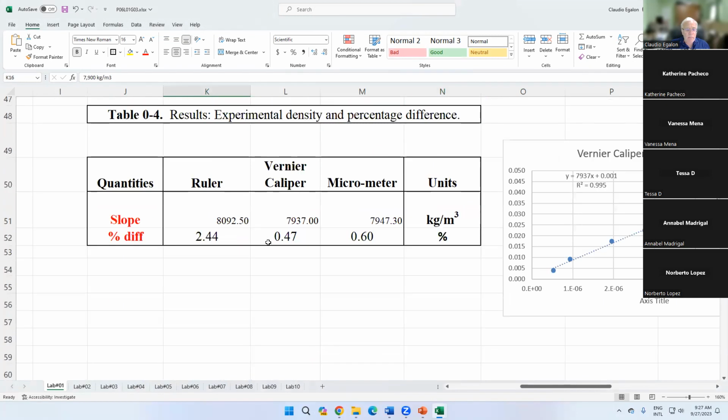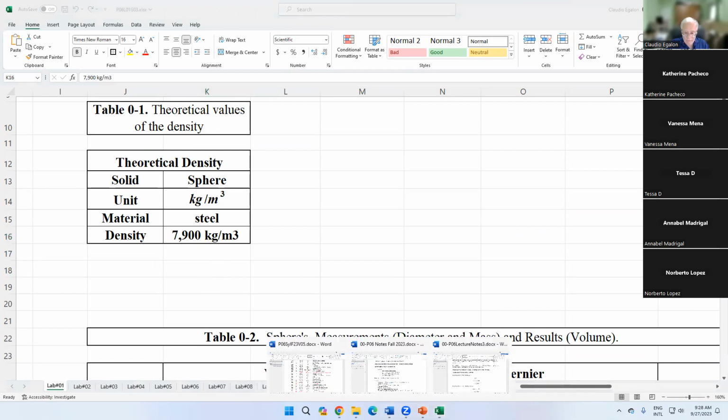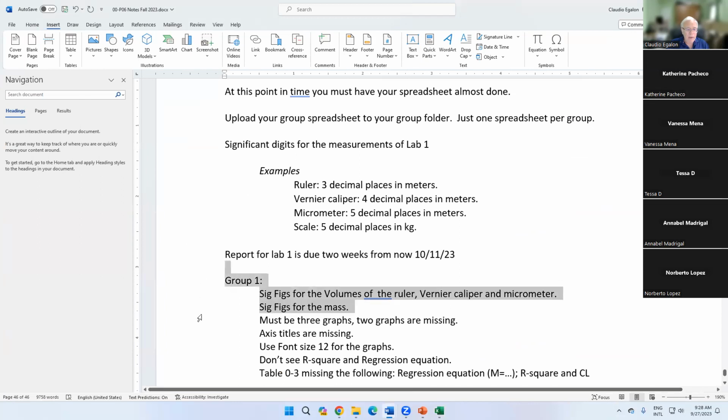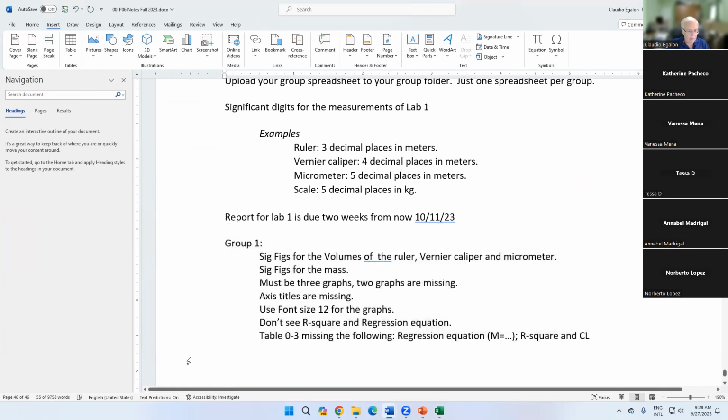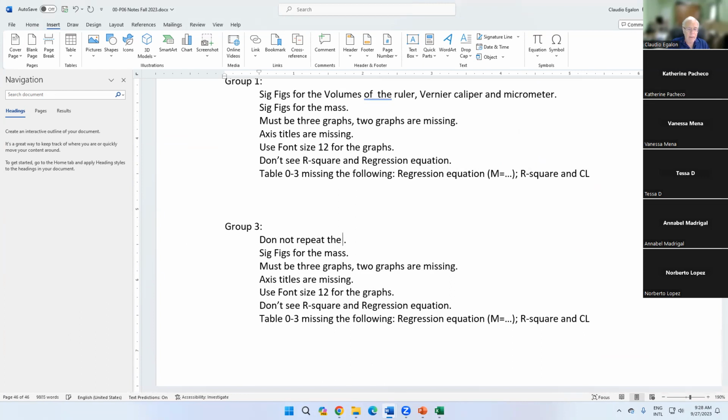Now, how did it manage to calculate the percentage? Ah, because you calculated. You erased my formula. You calculated, right? Okay. So let's list here. Group 3: do not repeat the unit in the cell where the number goes.